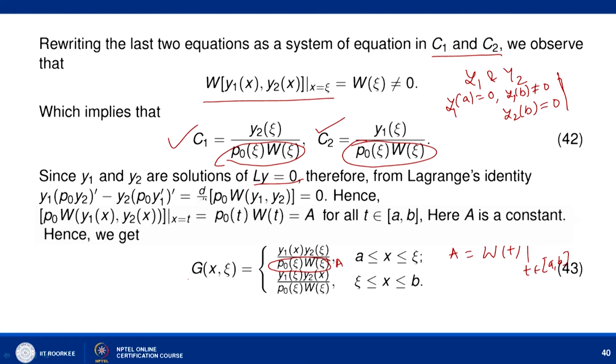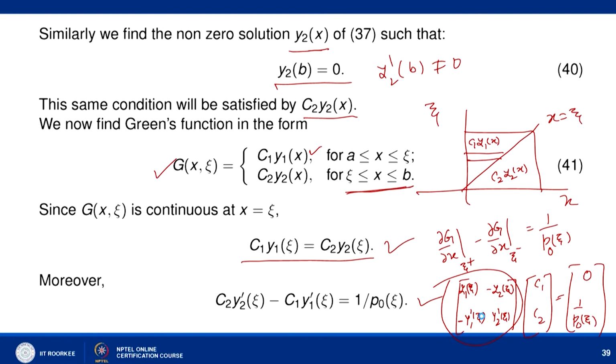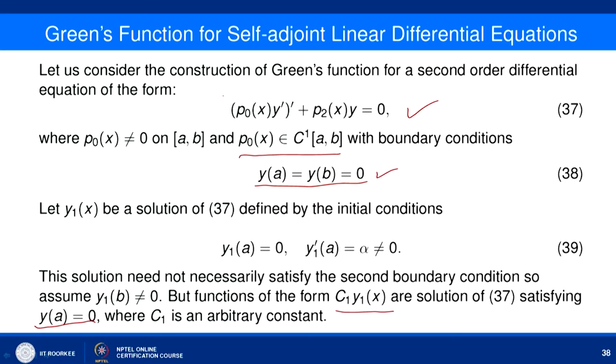It satisfies all the properties of the Green function, and moreover it also satisfies one very important property, that G(x, xi) equals G(xi, x). When you interchange the roles of x and xi, we have symmetry. This symmetry comes from the fact that we are considering a self-adjoint second order linear differential equation.